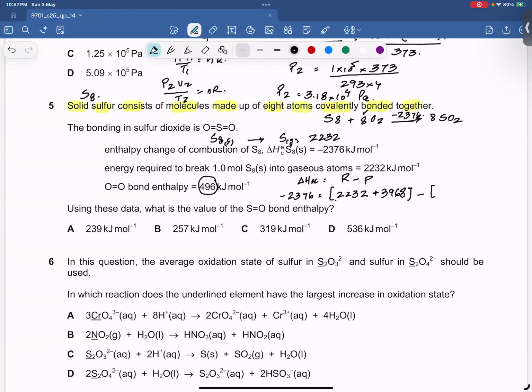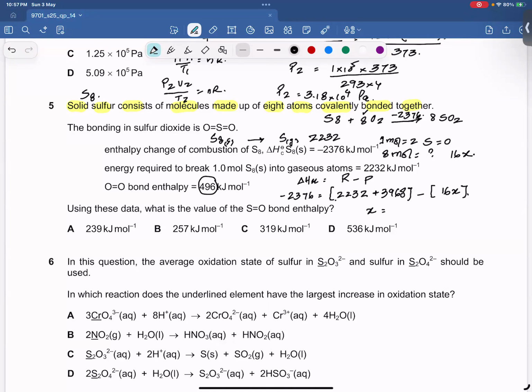Minus product. The product is sulfur dioxide. One sulfur dioxide has 2 SO bonds, so when we have 8 molecules, the total bonds would be 16. We need to find out the value of the SO bond energy, so it's going to be 16x.